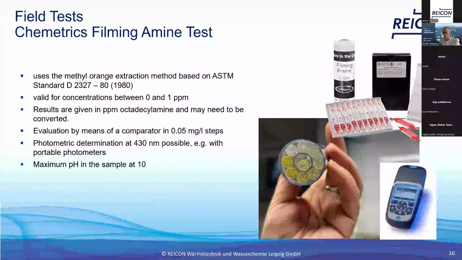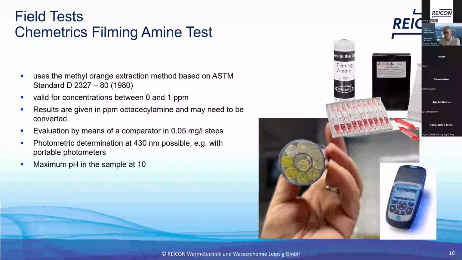And if you have a handheld or a photometric system, you can also use the solution. You can extract it with a needle and place it in the handheld photometer to get an exact reading. You just have to make sure that the pH in the sample is below 10.